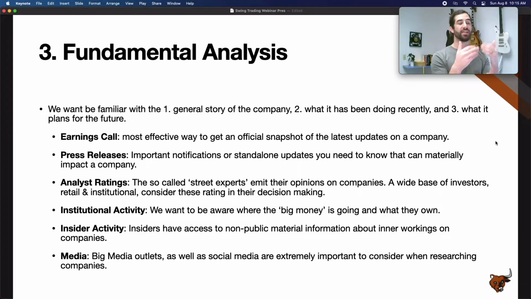Okay, so this is what you're looking at when you watch the news and you say, oh, so JP Morgan has a buy rating with X price target, or Goldman Sachs has a sell rating with X price target. This is what we're talking about.